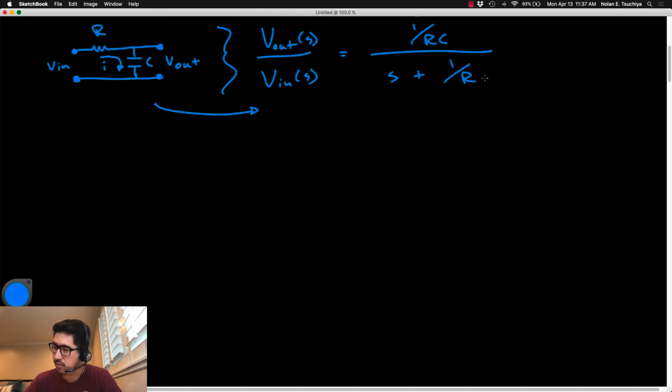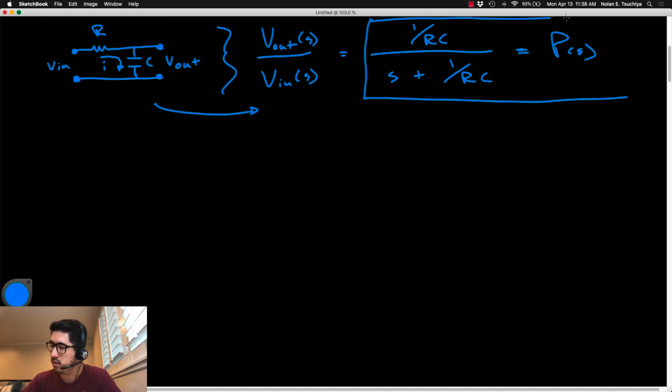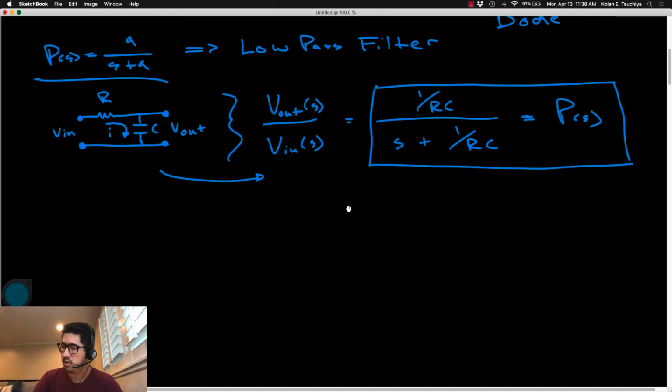Okay, so if we were to go through the whole modeling process and come up with a transfer function for this electrical system, this is the transfer function that we would get. And it happens to have the same form as that low pass filter, that a over s plus a form that we just talked about here.